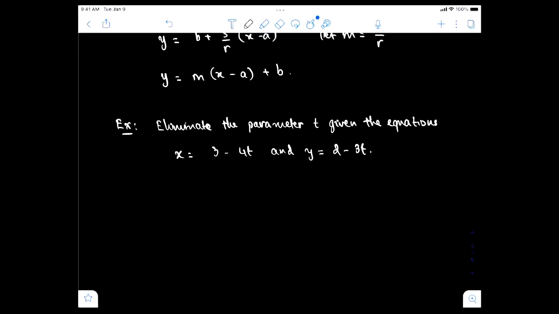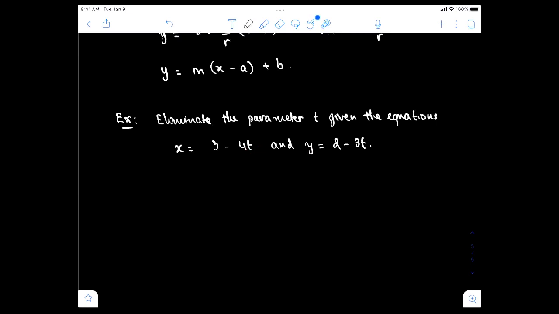Very similar to the previous example, you pick either of the equations, solve for t, and whatever you get for t, substitute it back into the remaining equation. And again, the common item between x and y here is the parameter t.